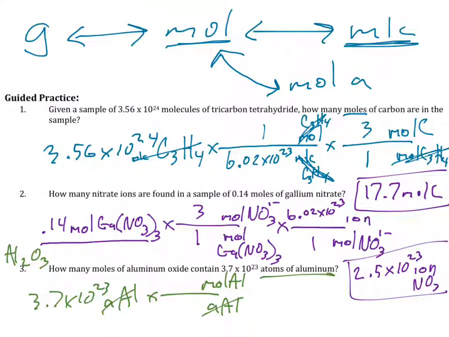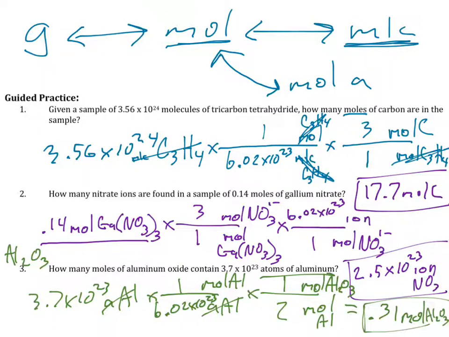And then we can go from moles of aluminum to moles of aluminum oxide, because we know that one of these has 2 moles of aluminum. We also know that 1 mole of anything is 6.02 times 10 to the 23rd of that thing. And then all we have to do is type that in our calculator and we get our answer. And what we end up with is 0.31 moles of aluminum oxide, considering sig figs.